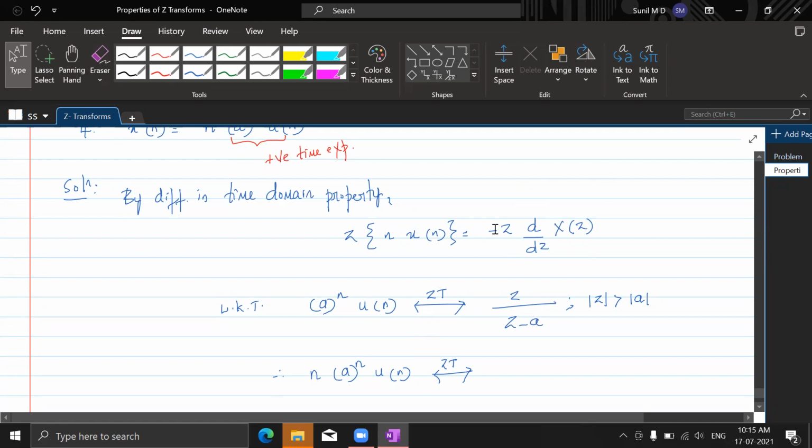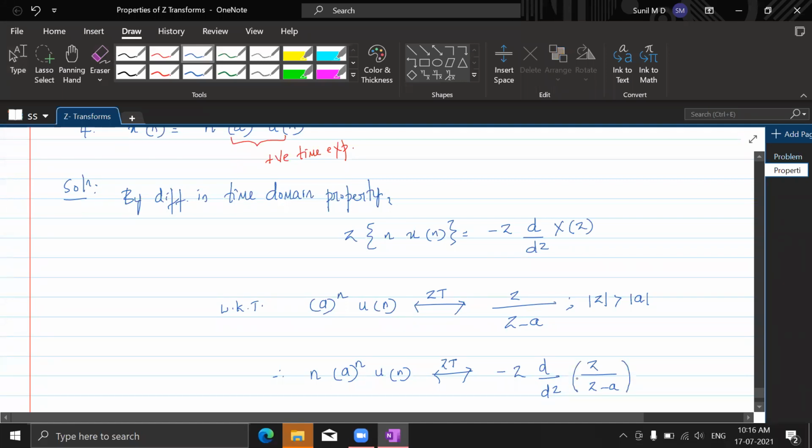Is the question. So wherever n comes, minus z d by dz comes in. Minus z d by dz of what? This X of z. X of z is the z transform of x of n. So here we need to have the z transform of a power n u of n. So that is z by z minus a.